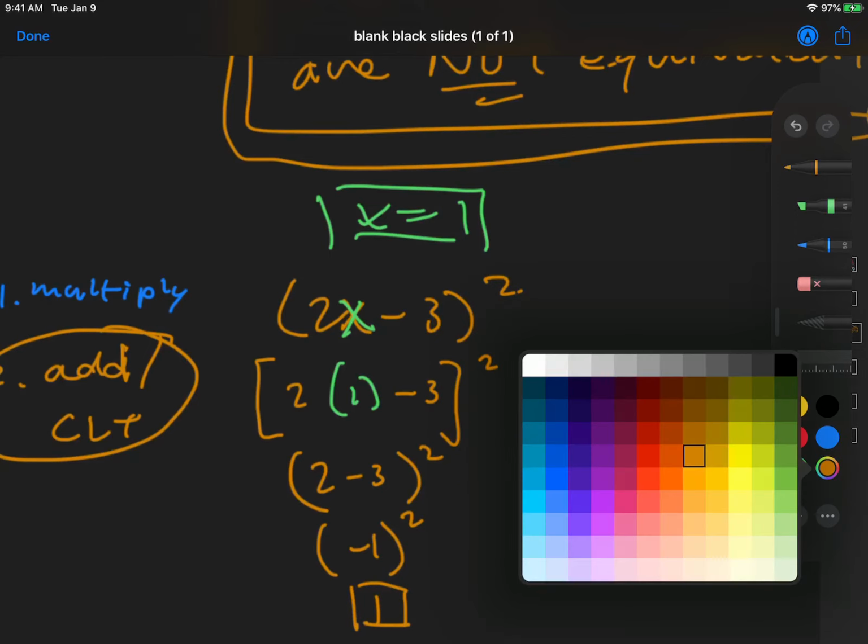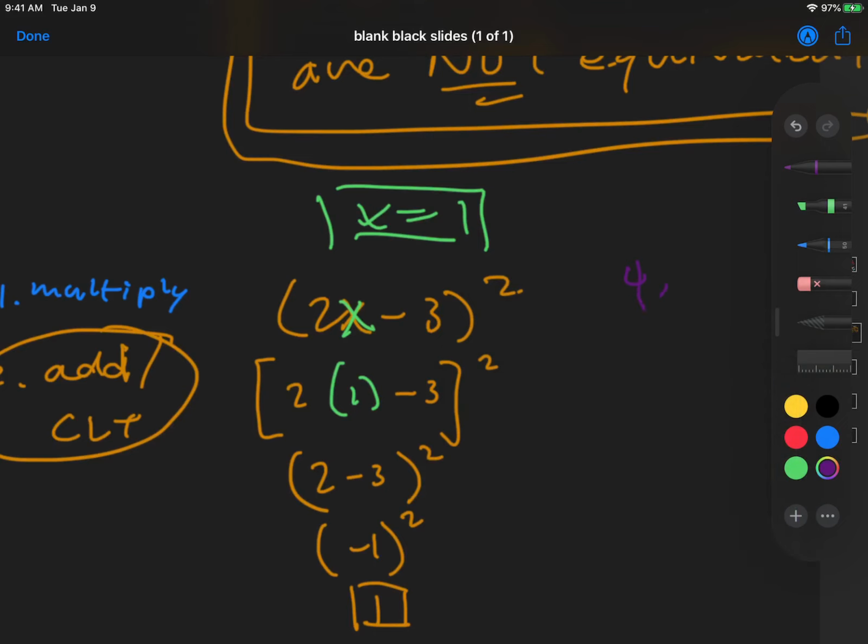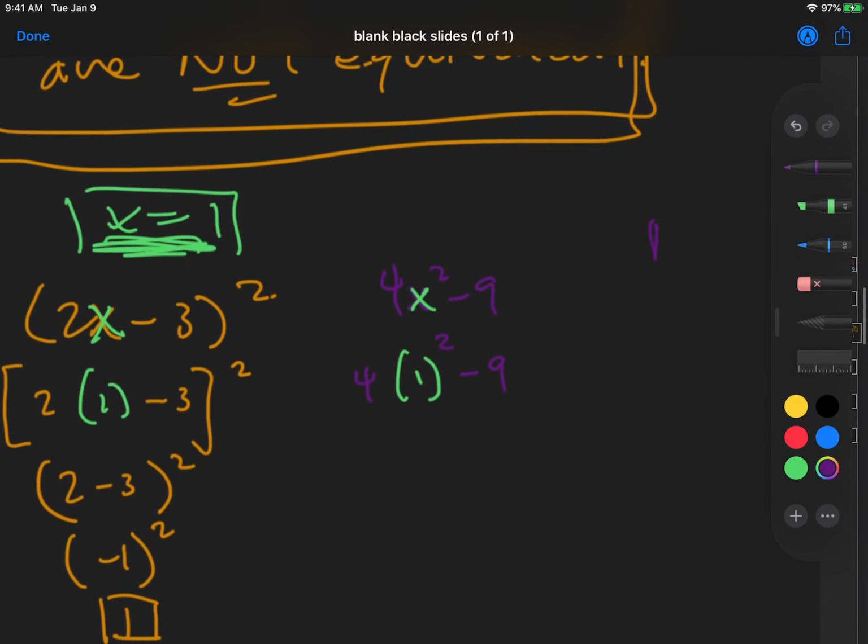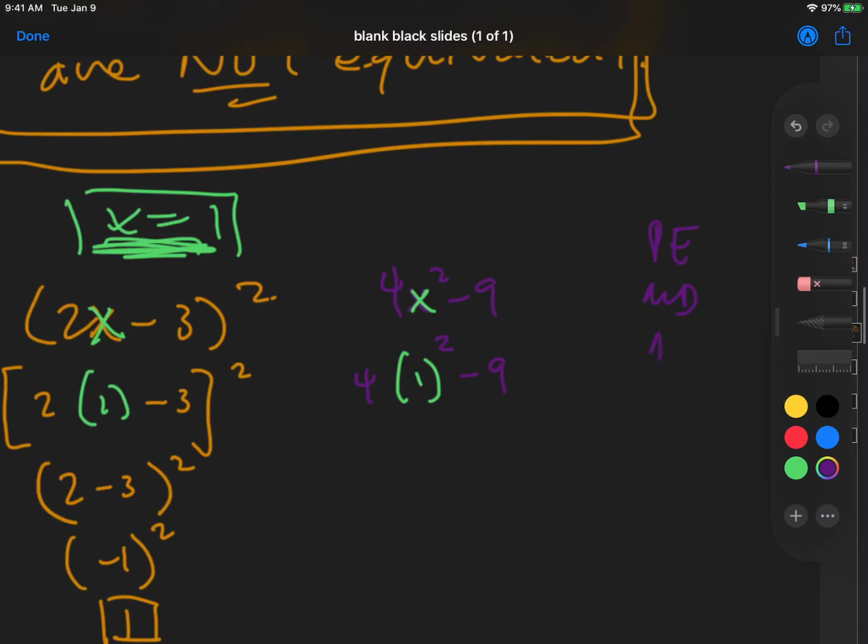Now if we did that for the purple, 4x squared minus 9, we put in x equals 1 here. We have to be careful of our order of operations, PEMDAS. I would have to do the parentheses and exponents first.